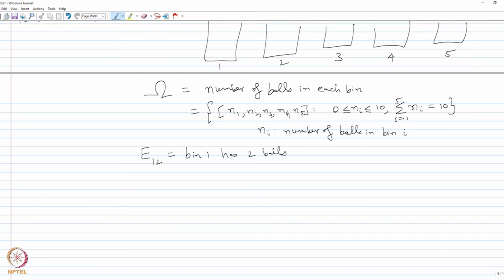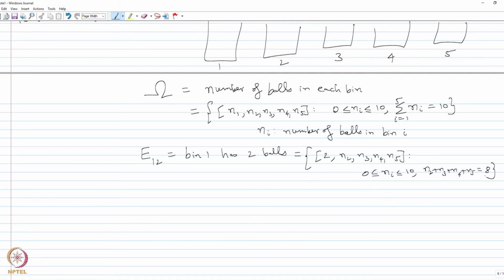Okay, so this doesn't really simplify anything. So you'll have to think of, put 2 here, and then what will you put here? n2, n3, n4, n5, and you still have to write all these possibilities. 0 less than or equal to ni less than or equal to 10, and then you have n2 plus n3 plus n4 plus n5 equals 8 now. Okay, so it's quite a big set again. You can't really simplify the event significantly.